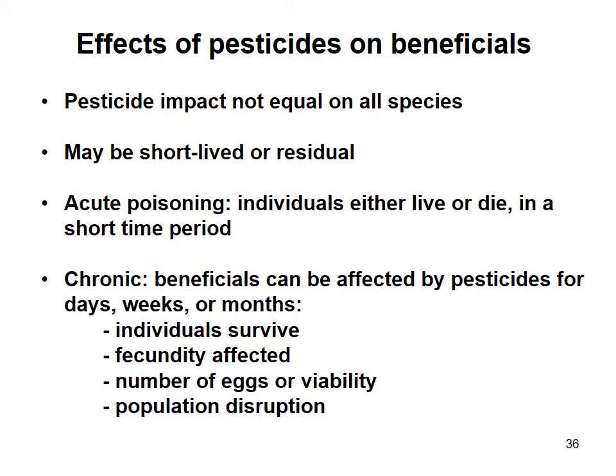Some individuals might survive, but their reproductive ability or fecundity is affected. This might affect the number of eggs or the viability of their eggs, and this, of course, disrupts the population of beneficials. In other words, individuals that are exposed to chemicals might survive the dose, but the population is affected.